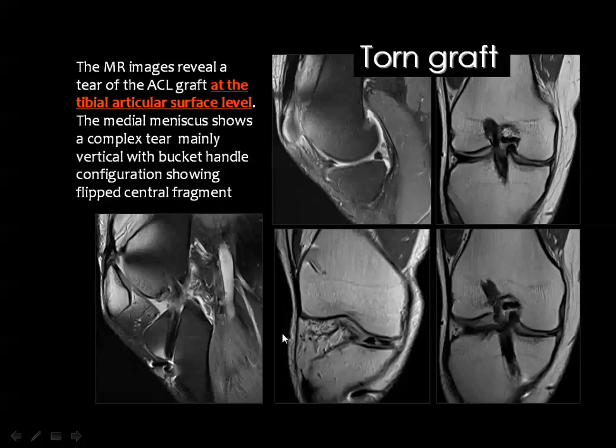And many of the literature says that this abnormal signal should be evaluated after 6 months from the graft insertion, and any abnormal signal identified before that time is considered within the range of normal post-operative sequelae. Then after 6 months from graft insertion, there should not be any abnormal signal within the graft itself.